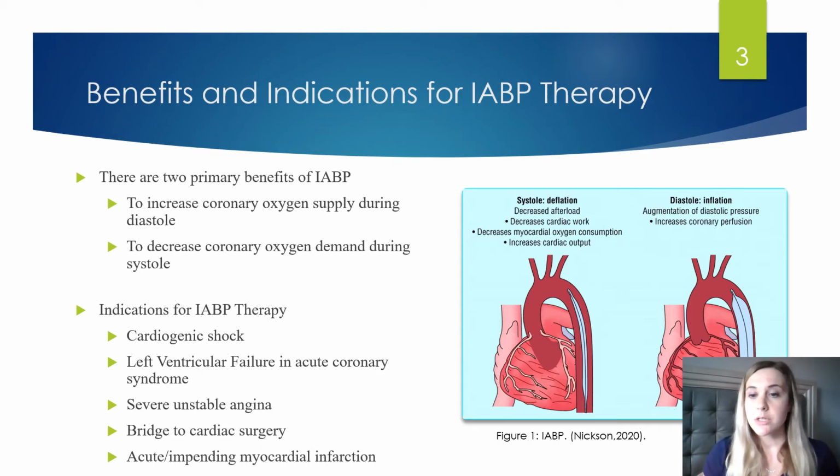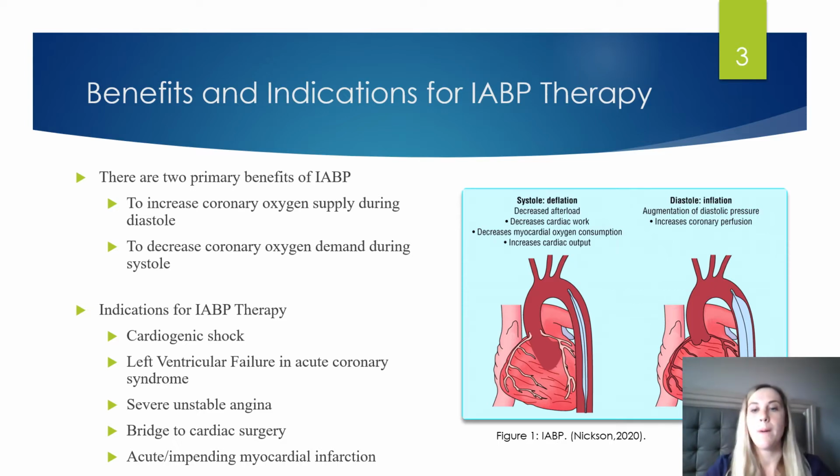Some of the indications of this type of treatment include cardiogenic shock, left ventricular failure, severe unstable angina. It's often used as a bridge to cardiac surgery or bypass surgery. We'll see this used with an acute or impending MI, myocardial infarction, or somebody who's struggling with an MI who goes into pulmonary edema.